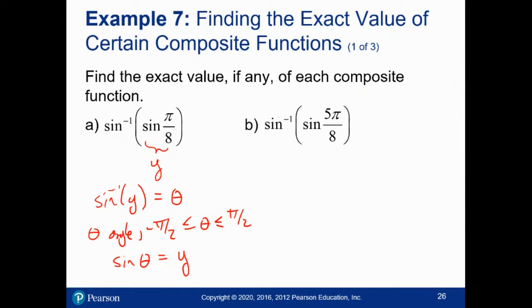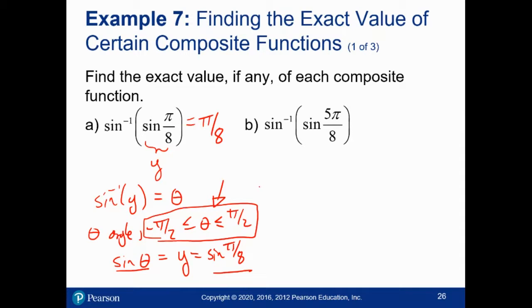But what's y? y is equal to the sine of π/8. So I'm looking for an angle in quadrants 4 or 1 whose sine is the same as the sine of π/8. Well, π/8 is already in quadrant 1. So π/8 is an angle whose sine is the same as the sine of π/8. And I was already in the domain of that restricted sine function, because π/8 is indeed between -π/2 and +π/2, so no issue here.